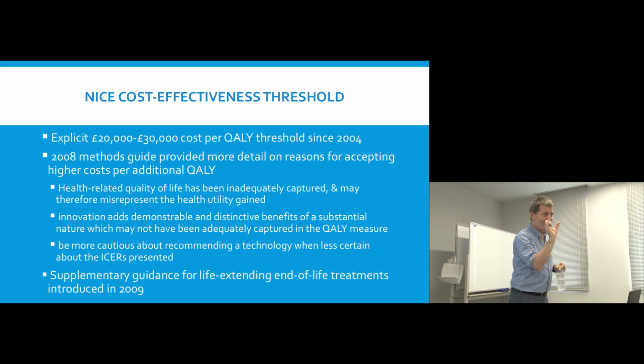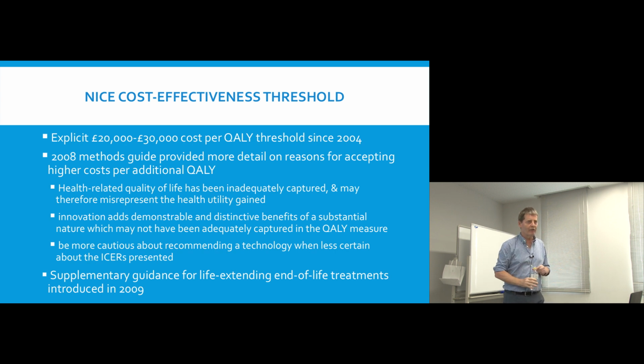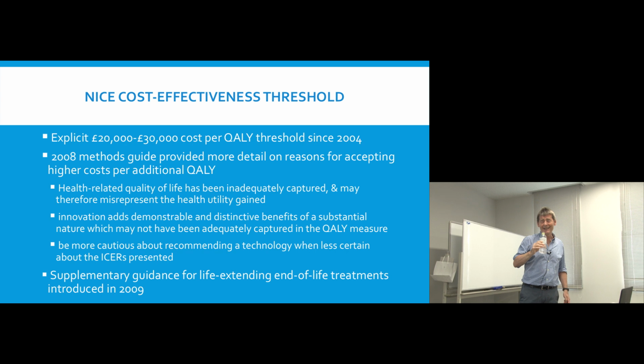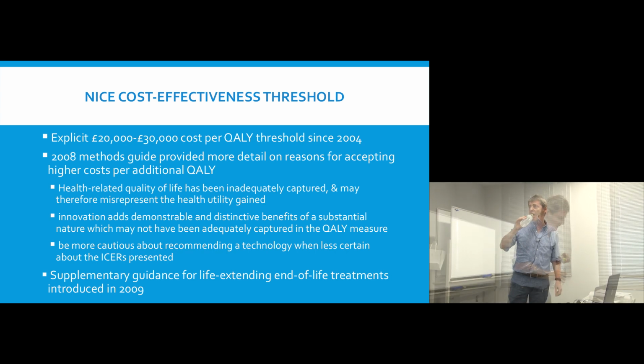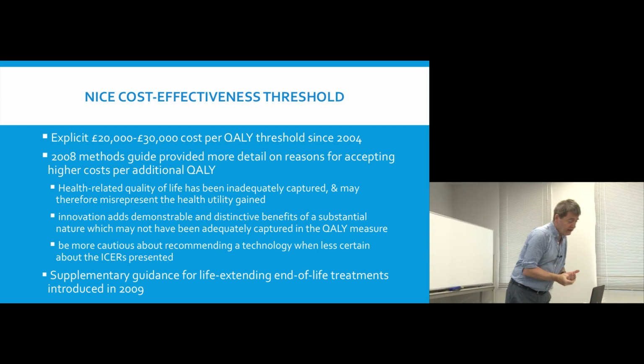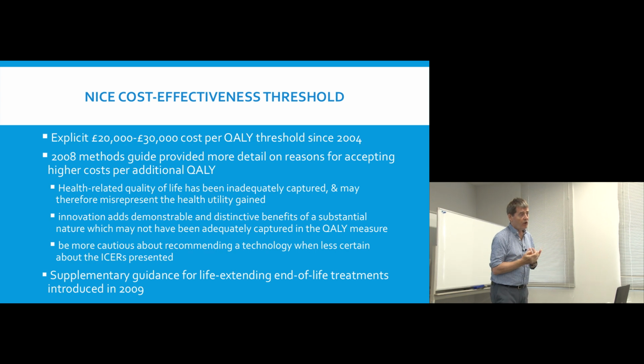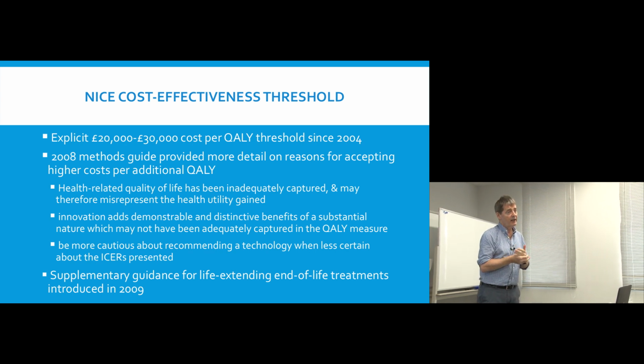So while the threshold hasn't changed over time, the point where we put greatest emphasis has maybe shifted. So it is equivalent perhaps to the threshold rising slightly over time. There's a recognition, explicit recognition, that the QALY may not fully capture the health benefits.